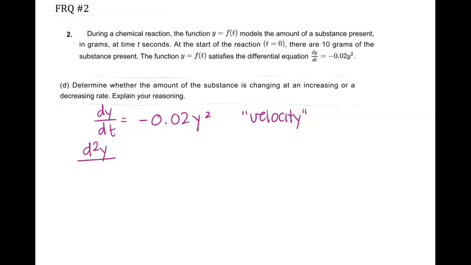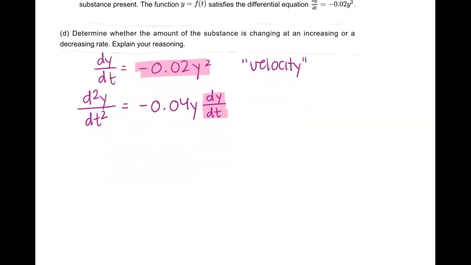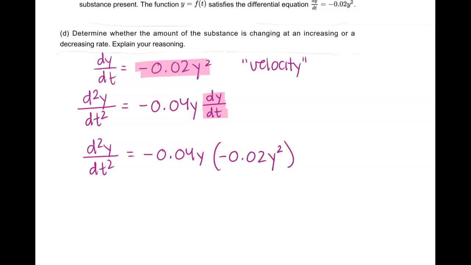So d squared y over dt squared equals negative 0.04y times dy/dt. Conveniently, we have dy/dt. It's right there. Yay. So d squared y over dt squared is negative 0.04y times negative 0.02y squared.